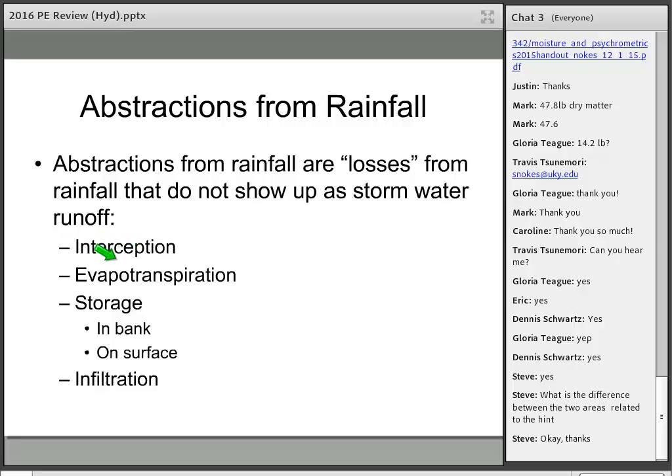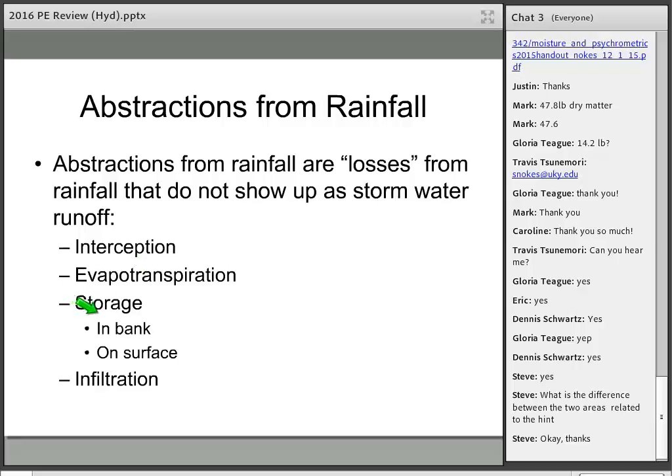It may later become part of evapotranspiration, which is a combination of evaporation and transpiration. It goes into the plant. It may be taken up from the ground. It evaporates from a water surface, does something other than run across the ground.